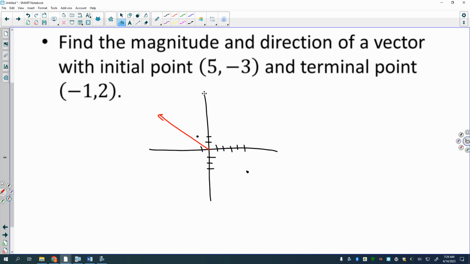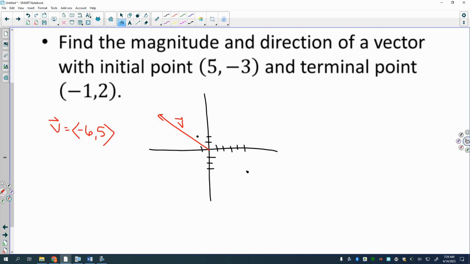And if I call this vector v, I'm going to put this into this form here with these brackets. It goes to the left 6, so that's a -6, and it goes up 5, so that's a 5.